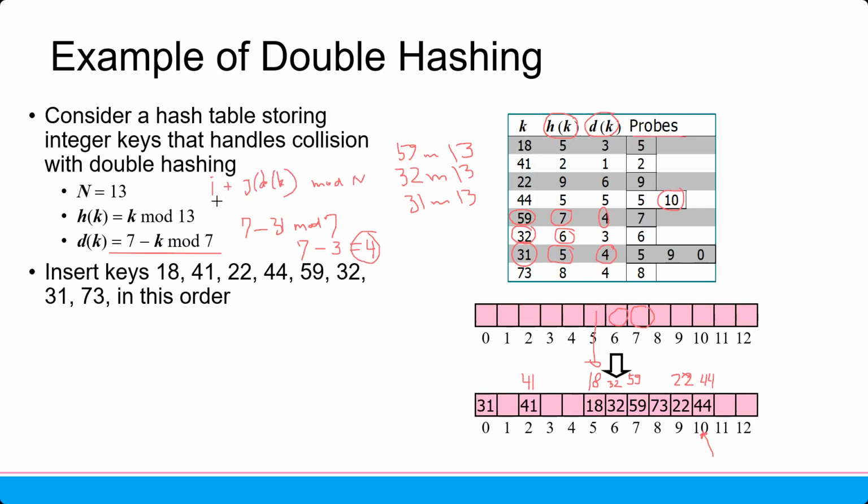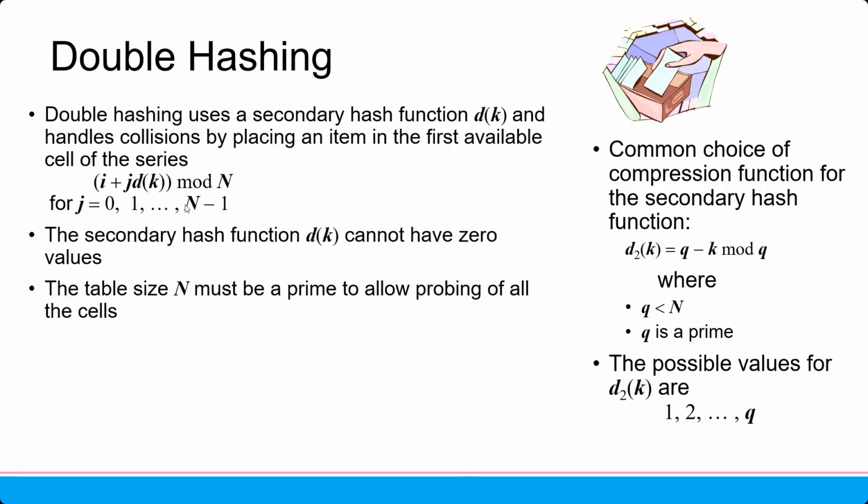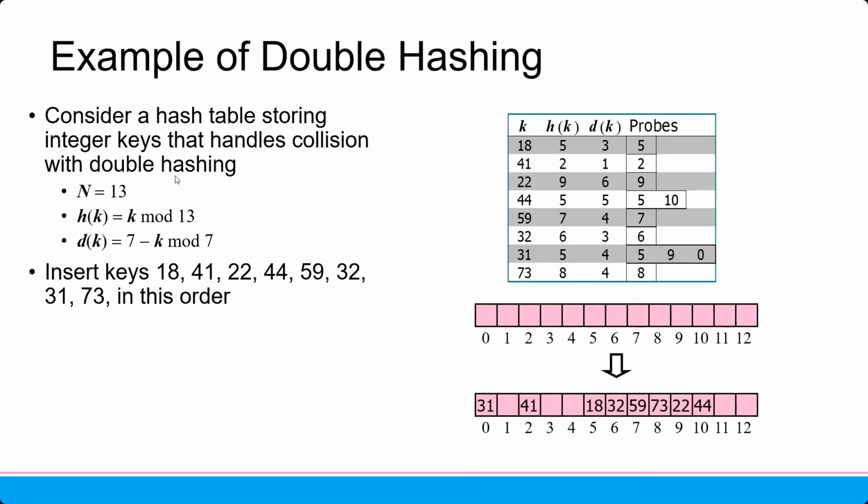Let's suppose I is 0. What is J? If J is 1, then the decay is 4 mod n.